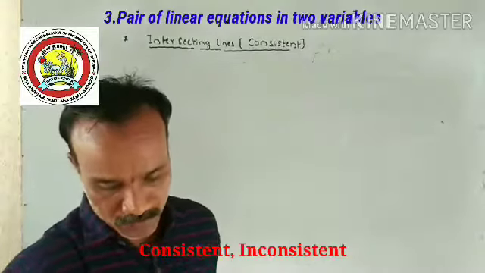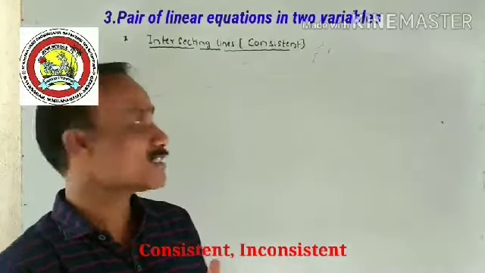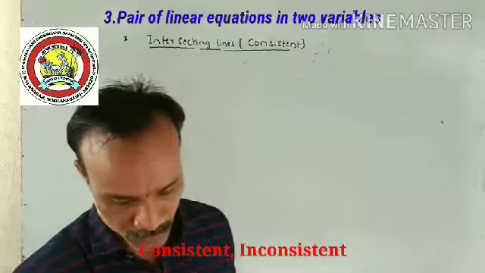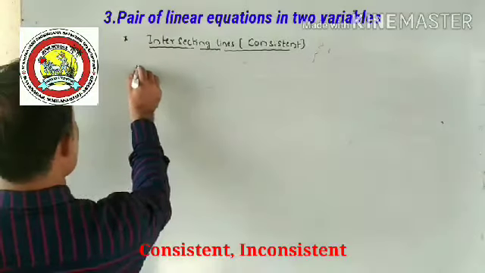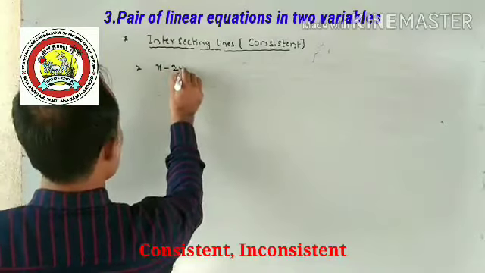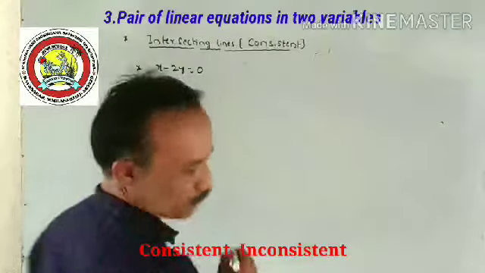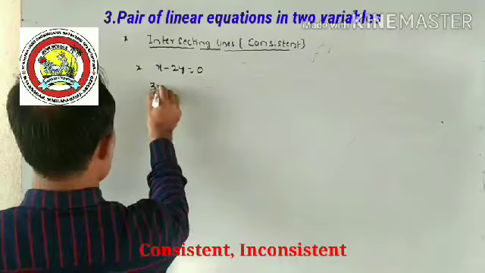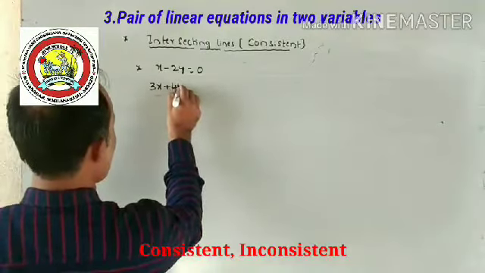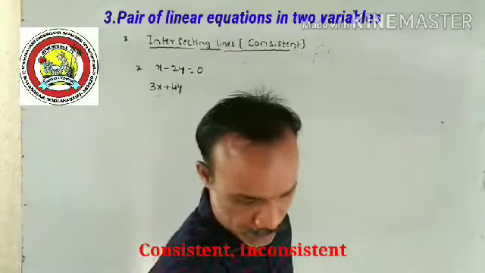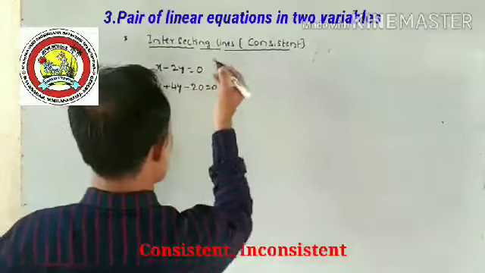So how can you find whether the given equations intersect each other or not? The method is, let's consider two equations: x minus 2y is equal to 0, and equation number 2, that is 3x plus 4y minus 20 is equal to 0.